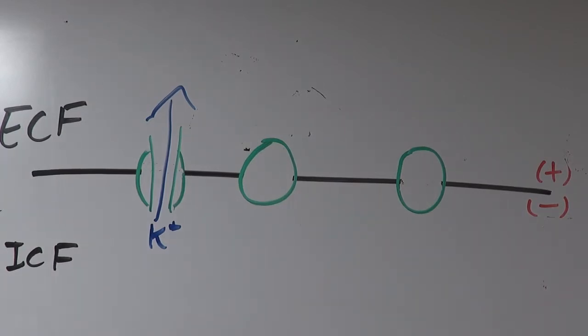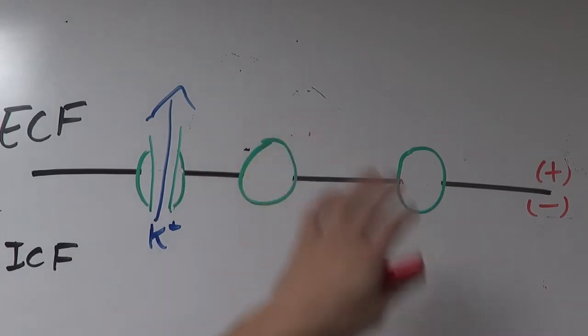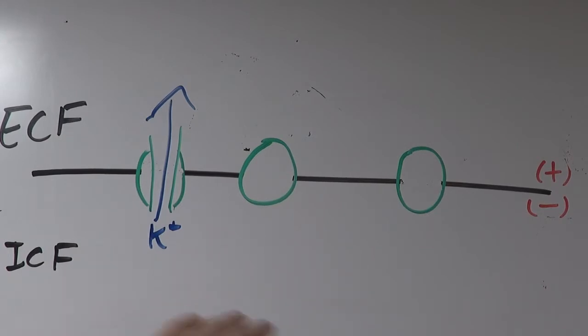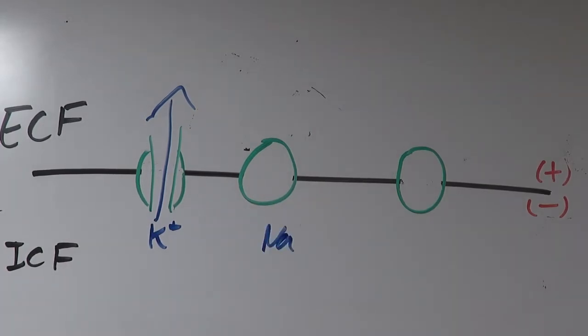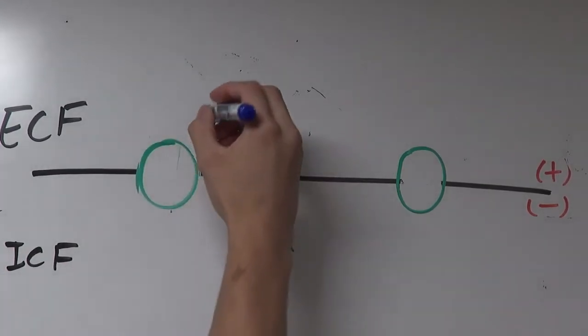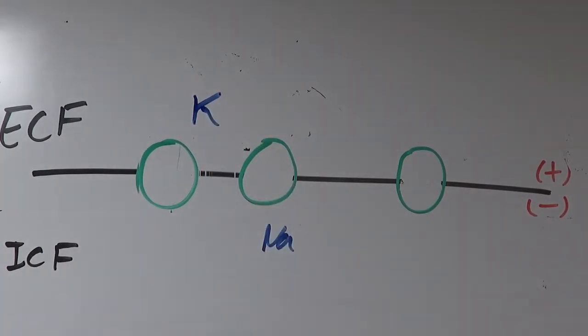The reason we need the sodium-potassium pump is because, remember, when we started, we had sodium on the outside and potassium on the inside, but now it's flipped, where we have sodium on the inside and potassium on the outside. So this is the process by which the cell pumps sodium back out and pumps potassium back in.